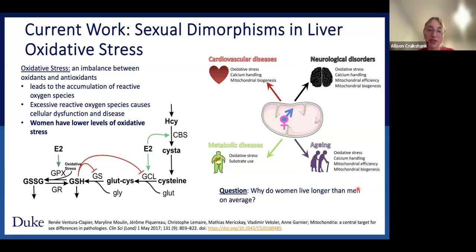I thought I would throw this out there because it's very interesting that I found when I started this work about 2 years ago that a lot of scientists have been accumulating evidence that they think this is a contributing factor as to why women live longer than men on average. They think that oxidative stress plays a big role there. That makes it a very interesting area of research in itself.